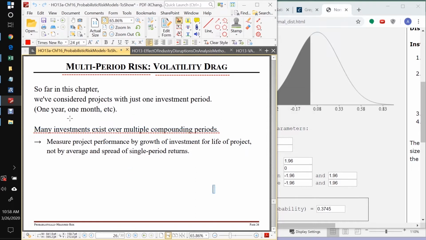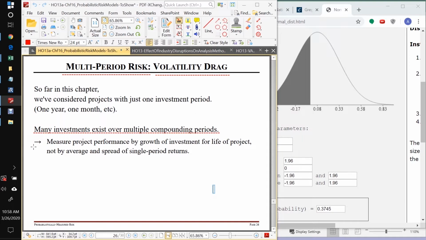So for example, an investment project might be we're going to put a certain amount of money into the stock market now to, in 15 years, over a 15-year period, build enough cash to pay for our child's college education. So that would be a multiple period project, okay?